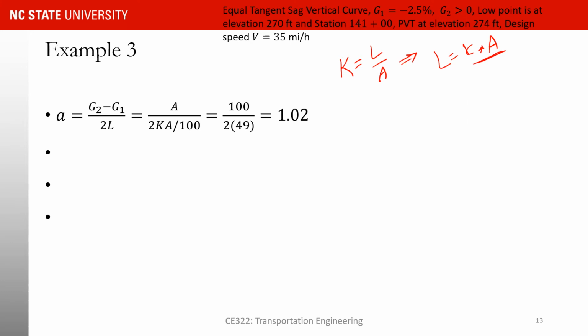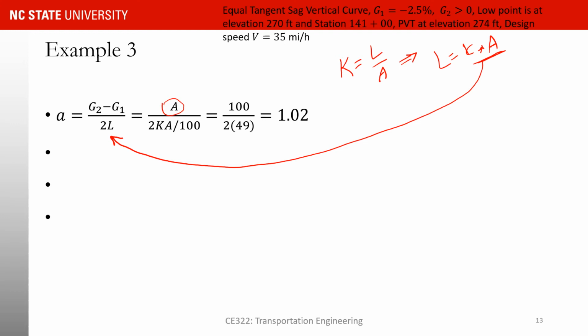So I'm gonna substitute L in the denominator here with K times A. So I'm gonna have G2 minus G1, or A, divided by 2L, which is 2 into KA. And what that 100 does here is that it's gonna fix the units that we are using here.